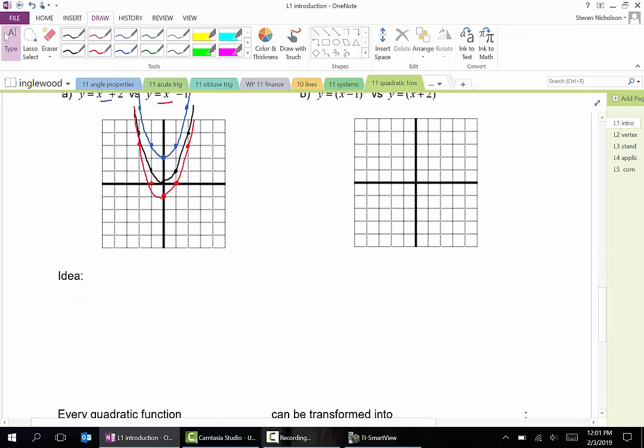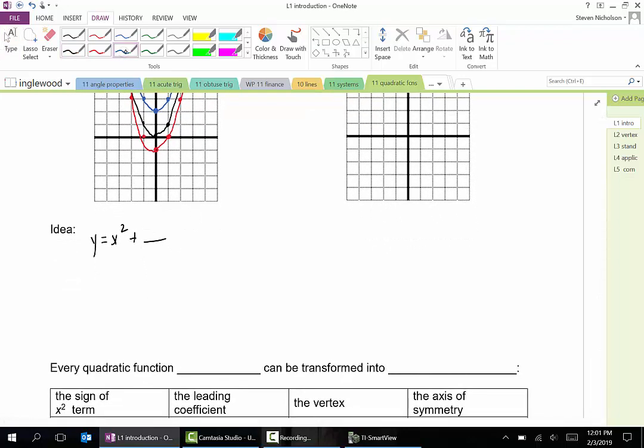So the key idea then is our parabolas still look the same. They still look like a U, and they still look like a basic x squared, but they've been slid up and down. So when y is equal to plain old x squared plus a number, we shift up whatever that number is.